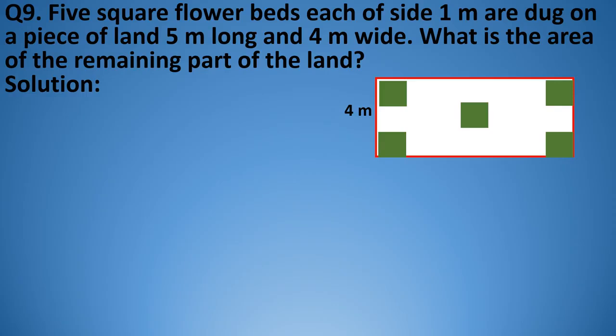This is the piece of land which is 4 meter wide and 5 meter long. Then it is said in the question that in this piece of land there are 5 square flower beds. With green color, I have made 5 flower beds. Okay, they are square in shape.